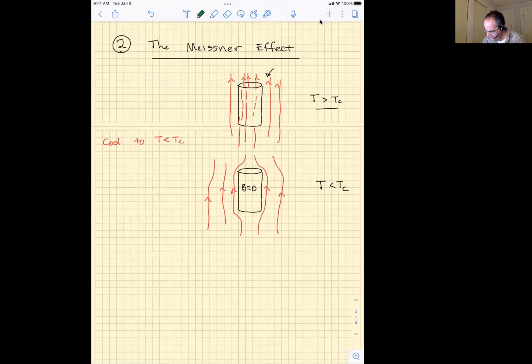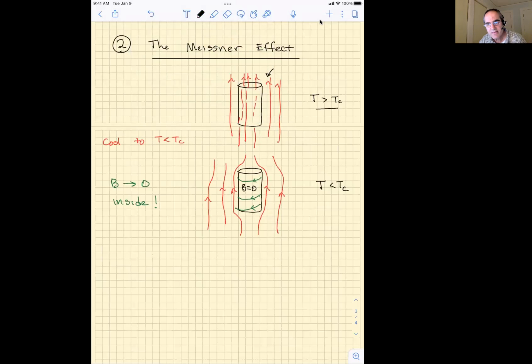What's going on is that when the material is cooled below the transition temperature, superconducting currents are induced around the outside of the material. And these create a magnetic field which exactly cancels the field inside the superconductor. That's the Meissner effect.